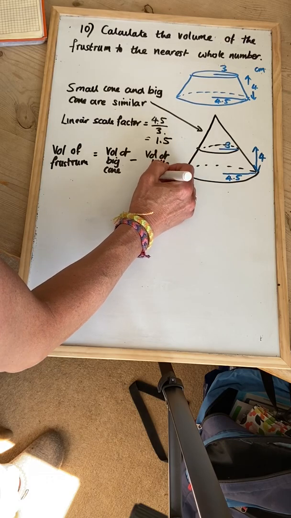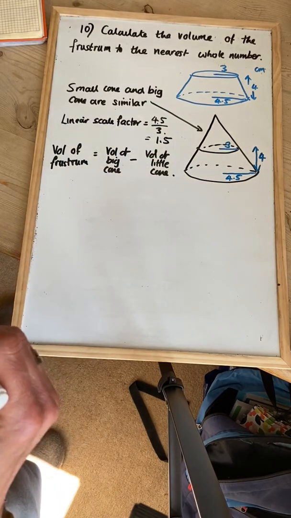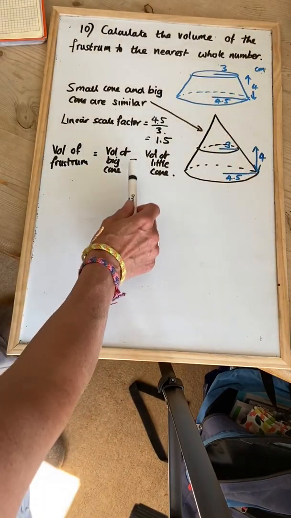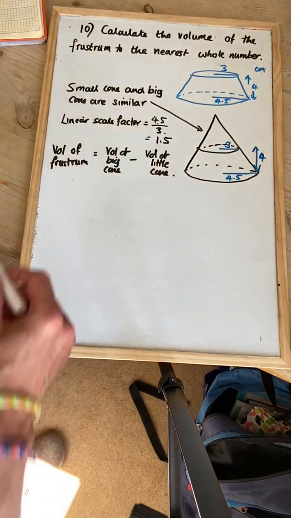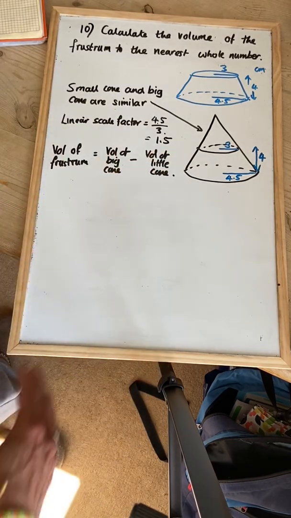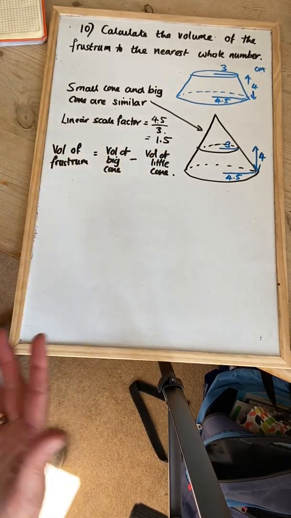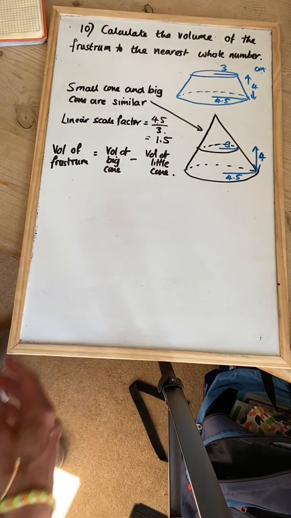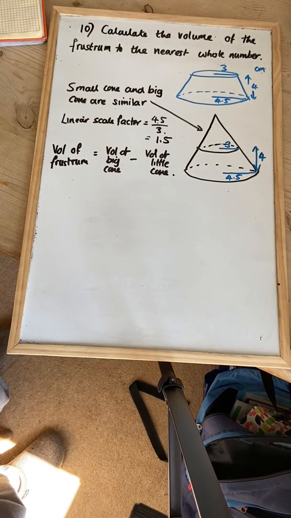Or you could take the volume of the big cone and divide it by a volume scale factor, which would be 1.5 cubed. You could do it either way. I'm just going to do volume of big cone minus volume of little cone because I think it illustrates the point quite nicely. We could just do a side working in a moment to make sure it works the other way as well.